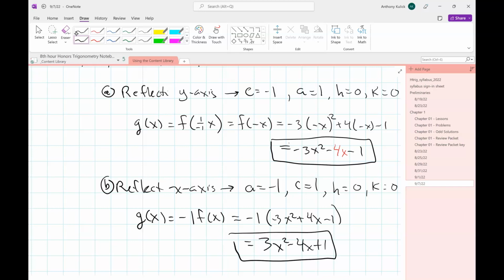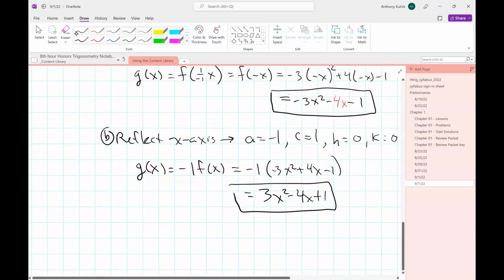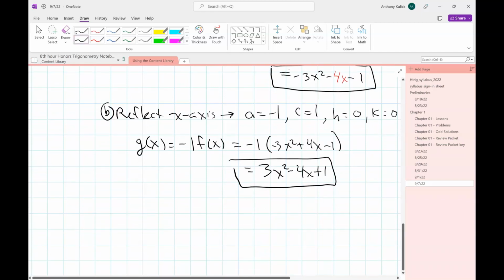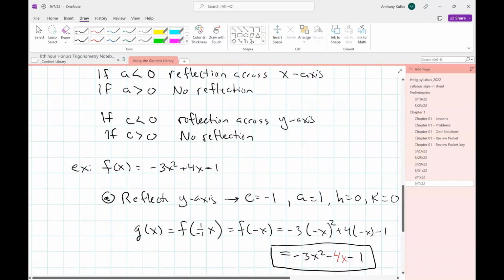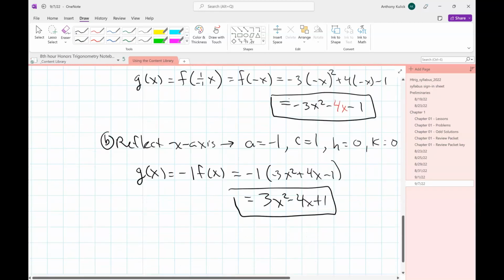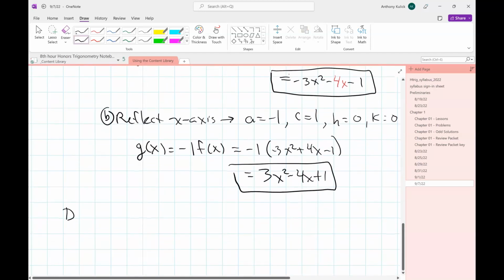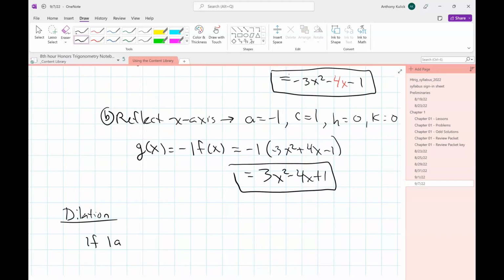The A and the C also can control the dilations. We did C's first, I think, right?